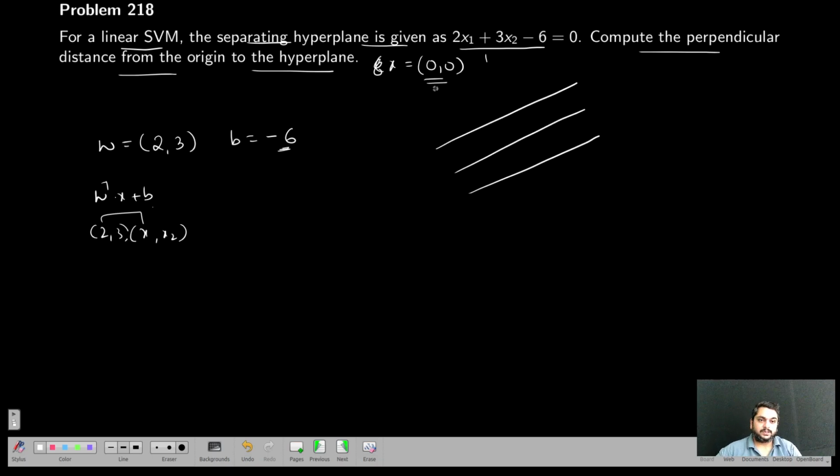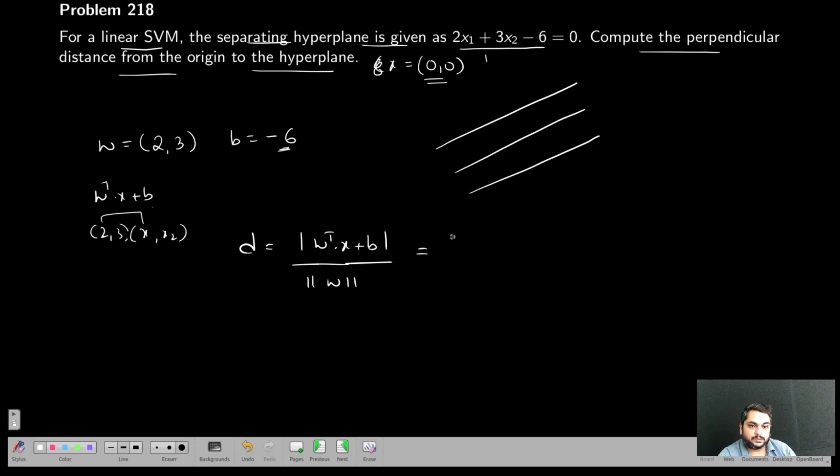So from this point they are asking the distance. Again you calculate the distance. D is equal to the length of W transpose into X plus B, divided by the norm of the weight vector.